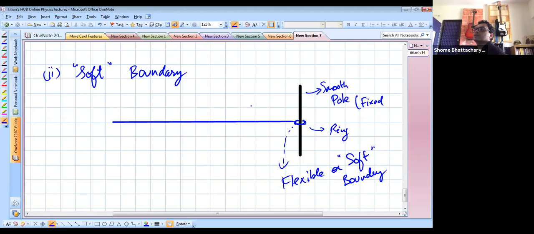Any transverse disturbance created from here, the motion of the ring up and down, is not at all hindered by the boundary. So it becomes what we call a flexible boundary. Here, if we have an incident pulse like this, it returns in the same phase.